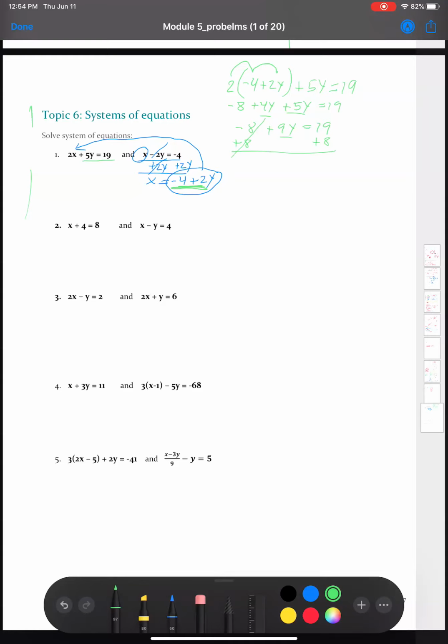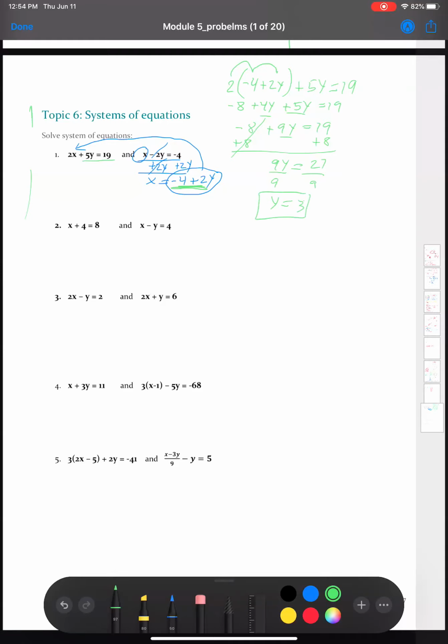These cancel. We have 9y on one side equal to 27. Okay, now we can divide by 9 to get the y by itself. So y is equal to 27 divided by 9, which is 3. Okay, so y is equal to 3.